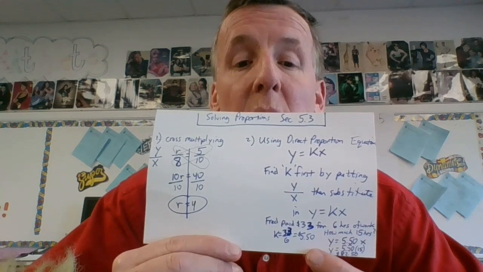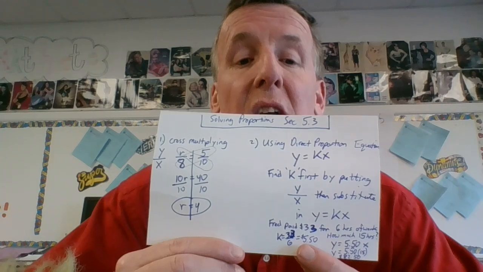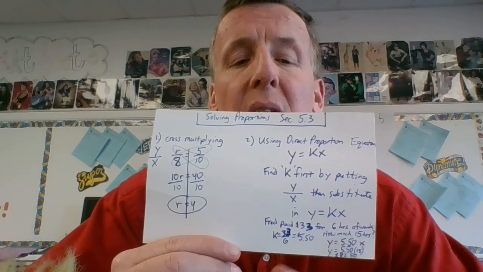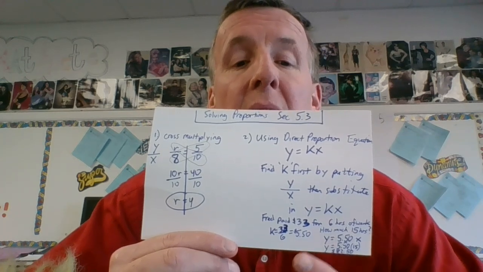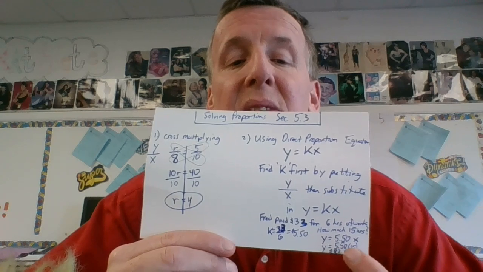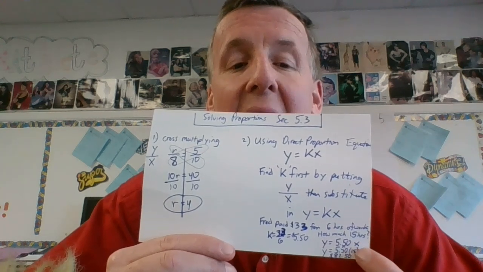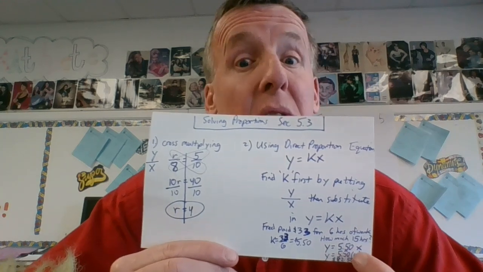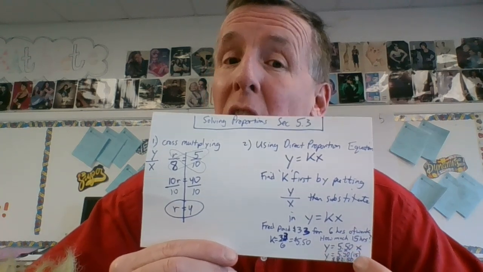I now know they want to know how much will we get paid for working 15 hours. Okay, so I will then do y equals 5.50 times 15 because the hours is my x. You got to make sure you put that in the right spot. If you put it in for y, it's going to be wrong. Ching ching.